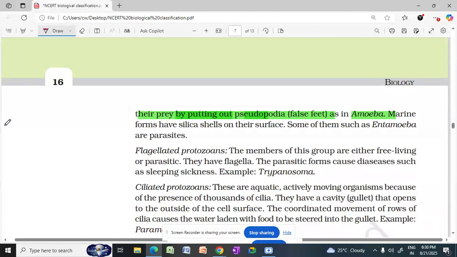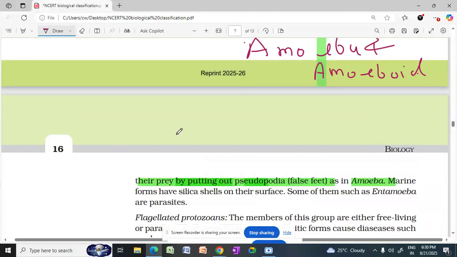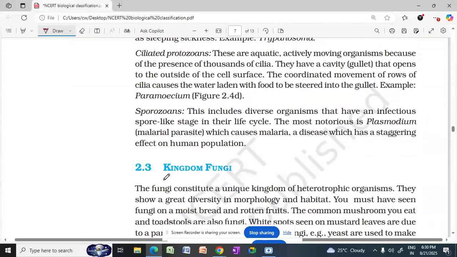Do you know what pseudopodia are? False feet. Pseudopodia is called false feet. So why is it mentioned like this? Because they are just compared with amoeba. But again, there is a difference between the two, right? So what is the difference?